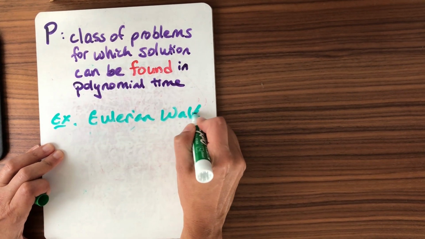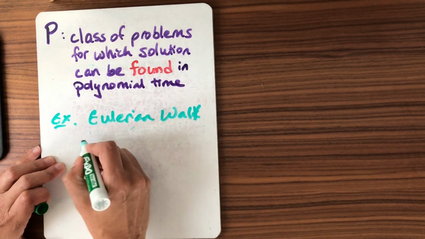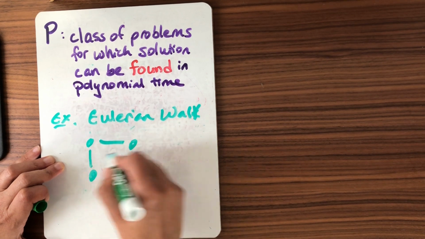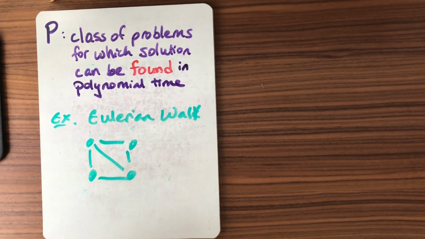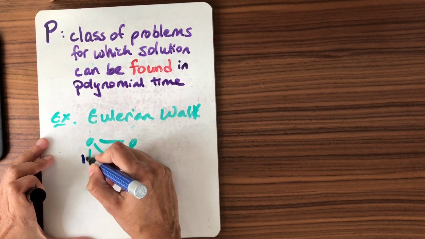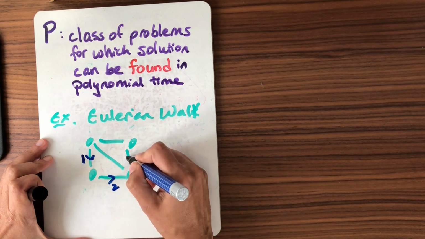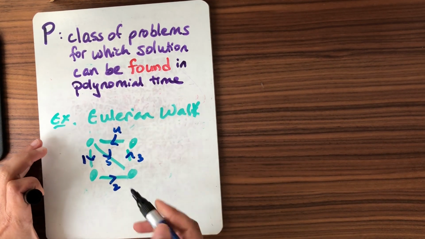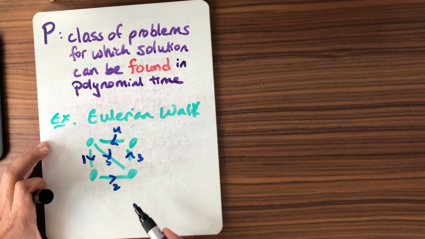So remember, for an Eulerian walk, what does this mean? This means that when we had a graph, we wanted to trace the edges of the graph so that we hit each edge exactly once. So we can go maybe 1, 2, 3, 4, 5. This would be an Eulerian walk. It doesn't end where I started, but it's still a walk.